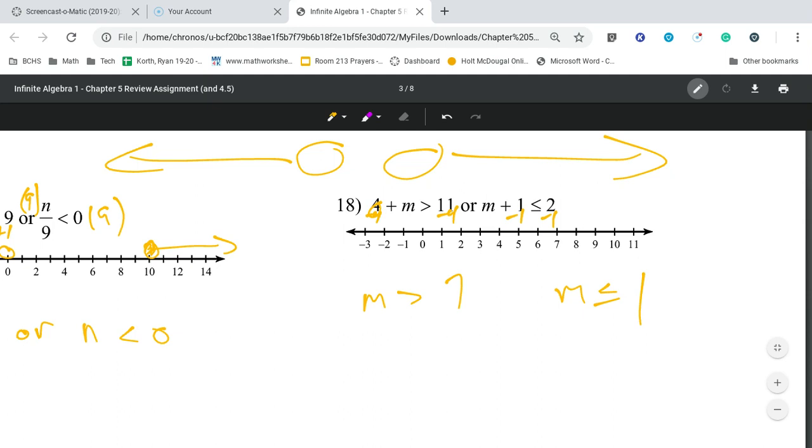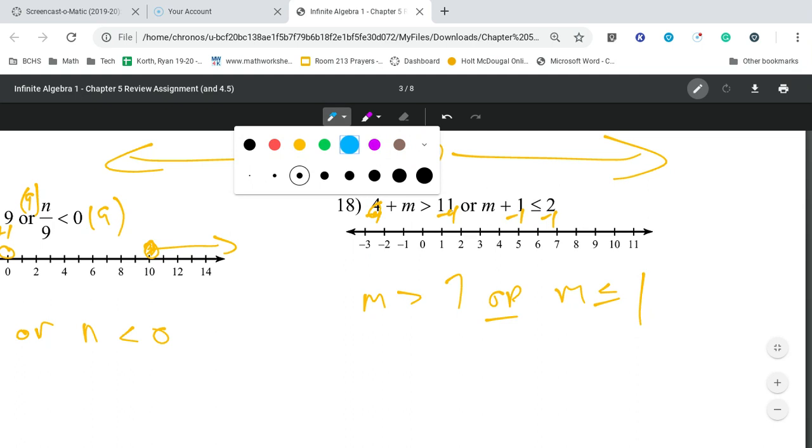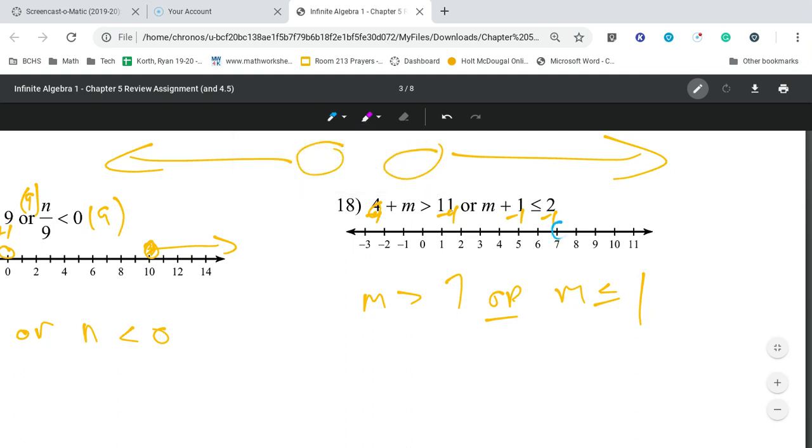Okay? Undo addition with subtraction, undo multiplication with division, undo division with multiplication, undo subtraction with addition. All right, now I definitely covered them all. Anyway, m greater than 7 or less than or equal to 1.